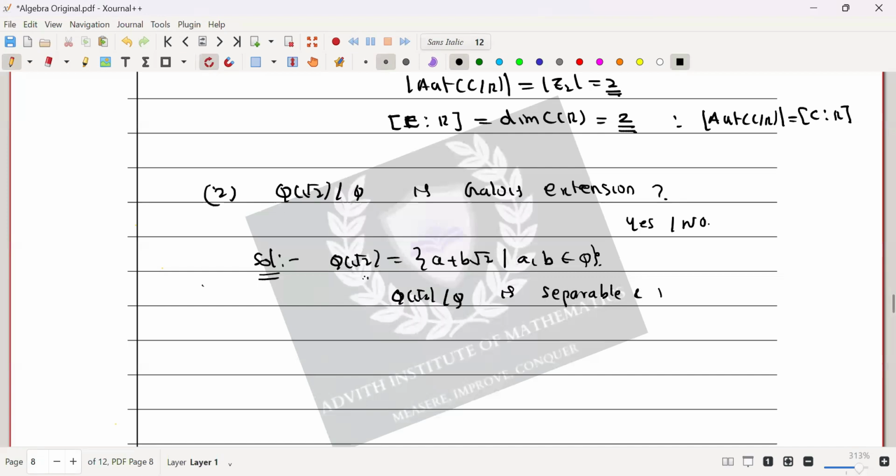And also normal. So which implies Galois. Now I need to find which group this automorphism group is isomorphic to, so find that out.